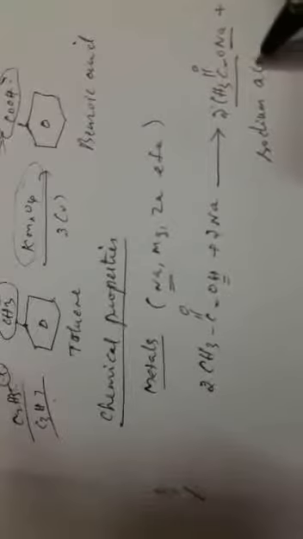Now 2 hydrogens are possible, so 2 Na, because sodium is monovalent. The reaction releases H2, remaining CH3C=ONa 2 times. That is sodium acetate.